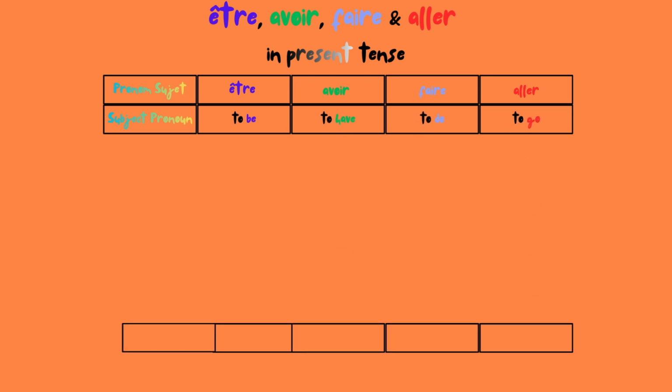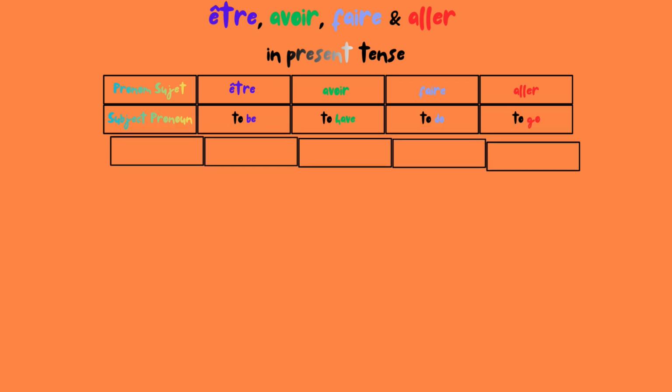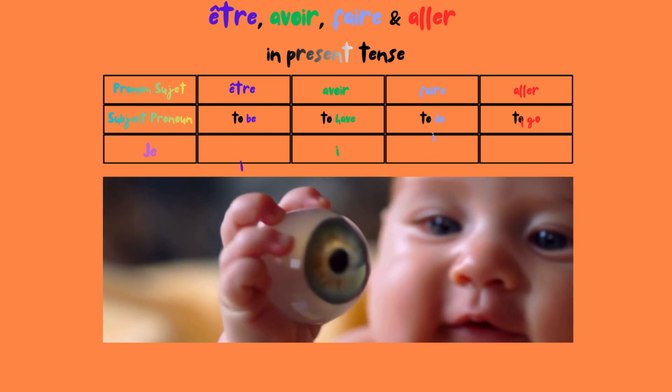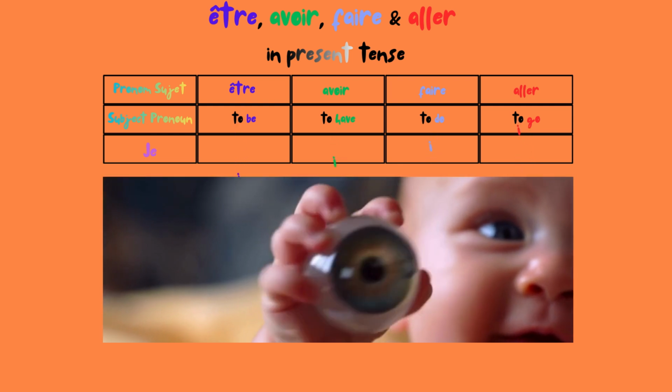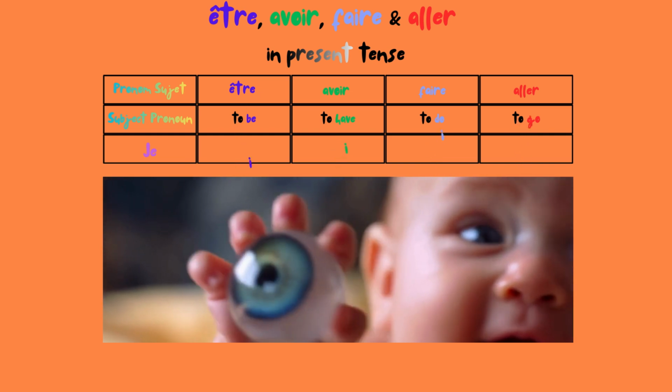Let's draw the third row now. Alright, we will fill up the third row with Je. Je means I. So let's fill the remaining cells with I. So, je in French means I, and I am talking to whom?